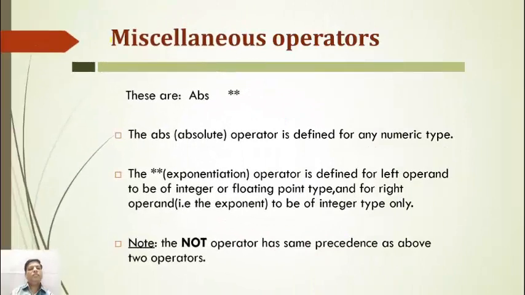Then last, miscellaneous operators. These are the absolute symbol abs and the two stars. The absolute operator is defined for any numeric type.